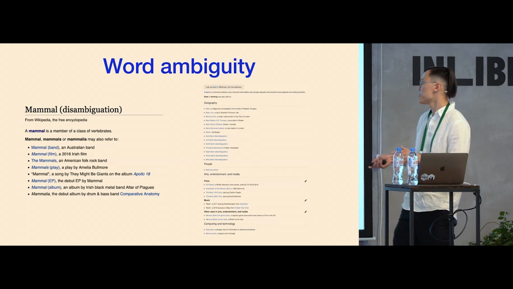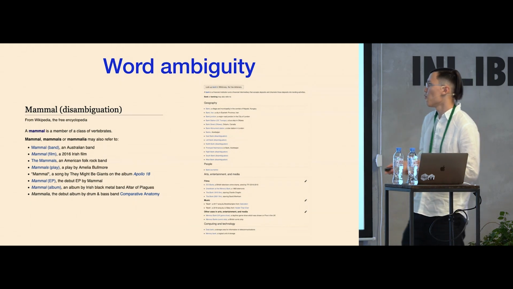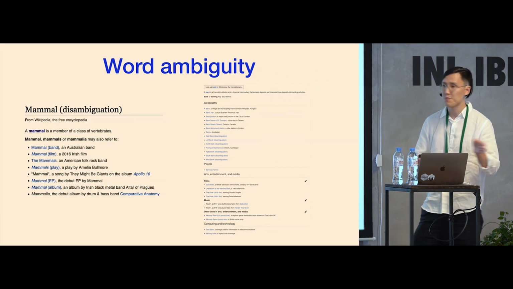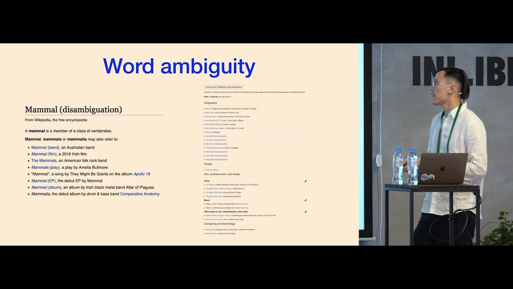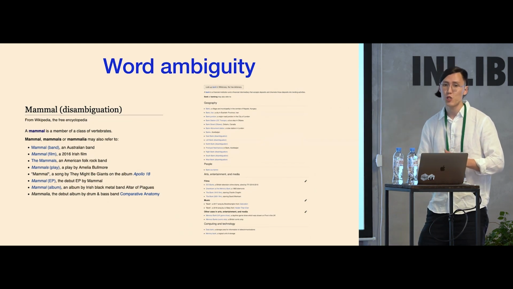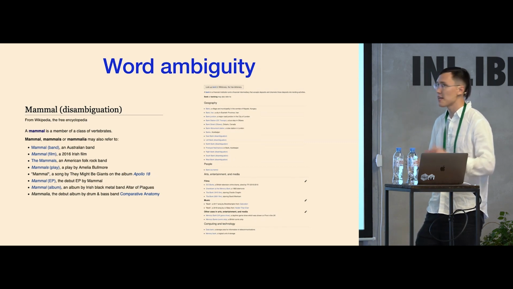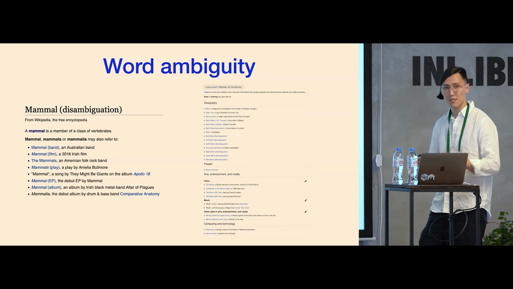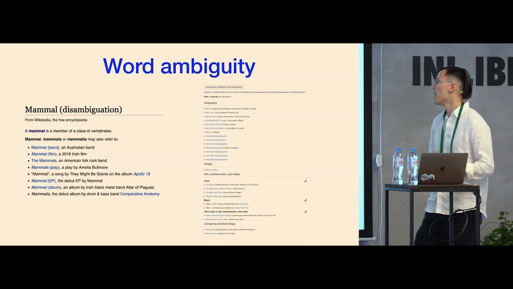And here you can see an example of what it can be. For example, this word mammal that we had in this short piece about elephants has a disambiguation page on Wikipedia. These disambiguation web pages contain a list of senses or meanings that Wikipedia editors agree on.